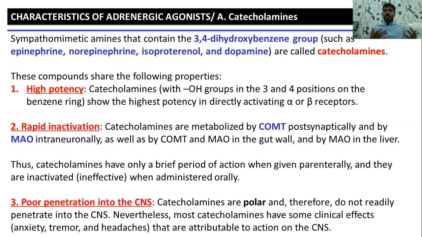Why? We can expect these medications are very polar. So these medications are charged molecules that cannot penetrate the blood-brain barrier. So the pharmacological effect and the side effect of these medications is very low on the central nervous system.